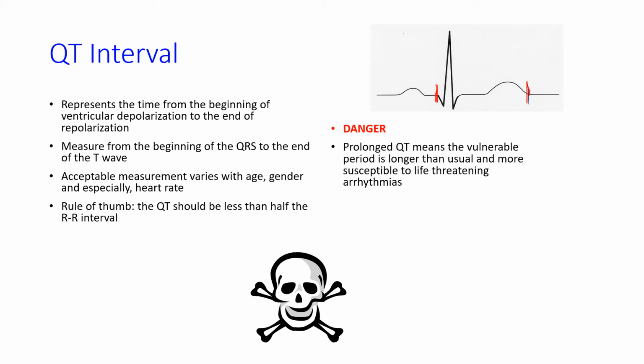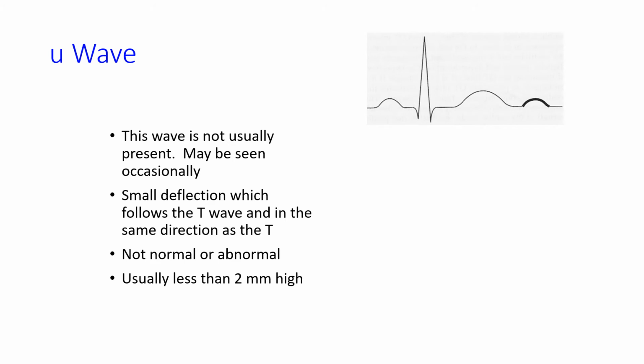So the faster your heart rate, the shorter your QT. The slower your heart rate, the longer your QT. And the danger for a prolonged QT means that the vulnerable period is longer than usual and more susceptible to life-threatening arrhythmias.